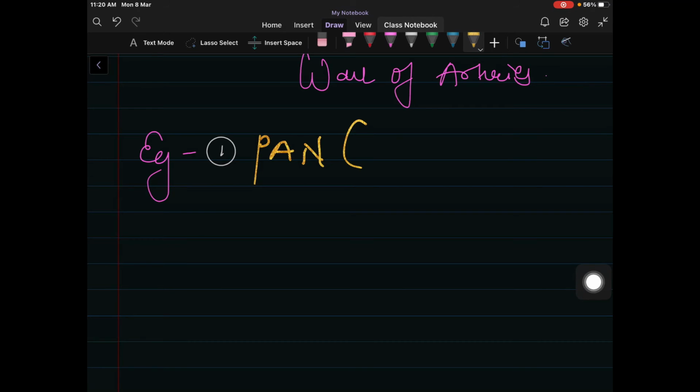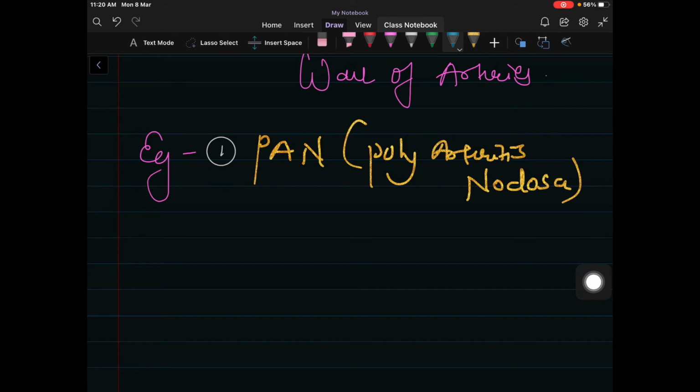first one, that is PAN, that is nothing but polyarteritis nodosa. Generally in PAN, the most common characteristic lesion is the Aschoff nodule.